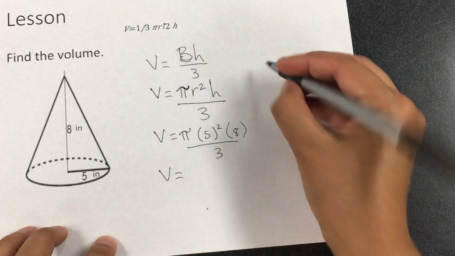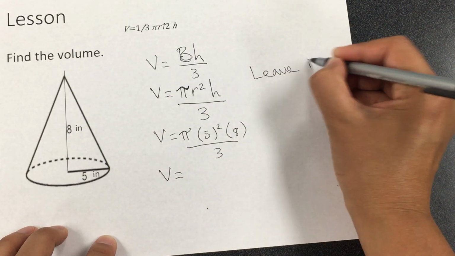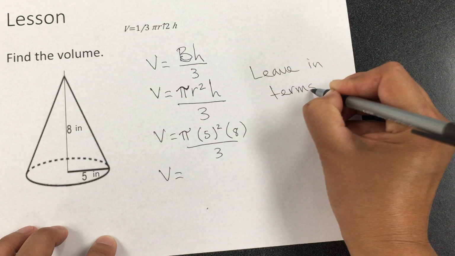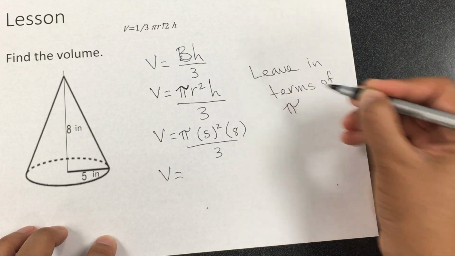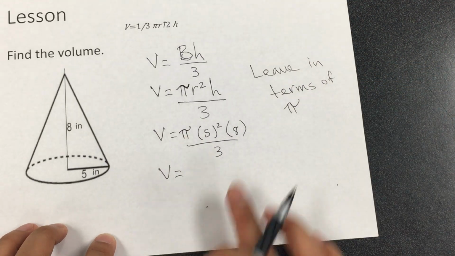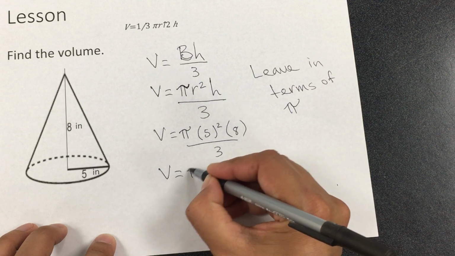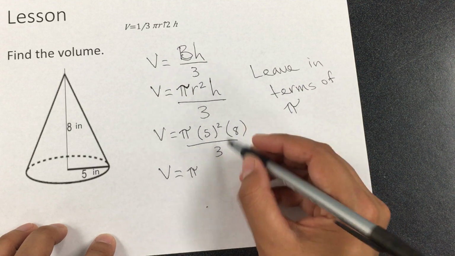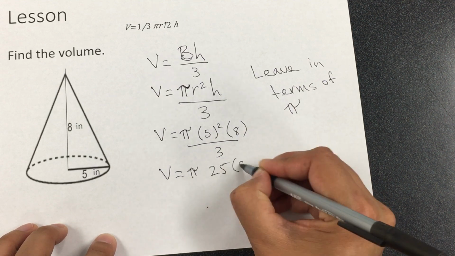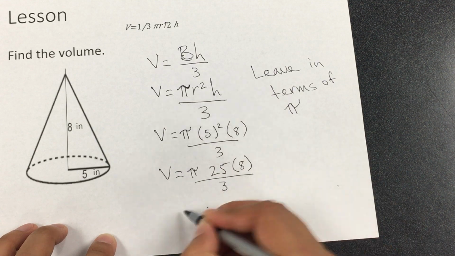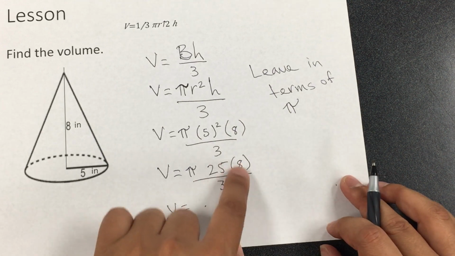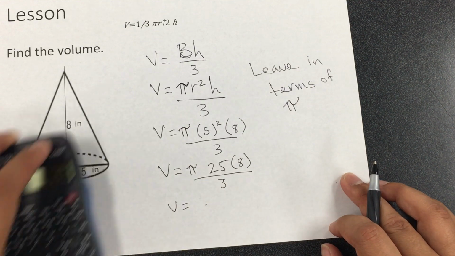When they say leave in terms of pi, all you do is just bring the pi down and simplify everything else. So pi, 5 squared is 25 times 8 divided by 3. We multiply all of this and divide by 3.